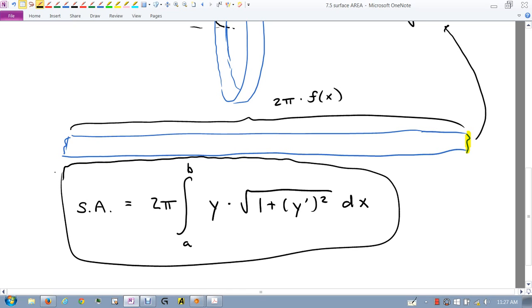Doesn't this look a lot like the arc length formula? The only difference between this one and the arc length formula are those two pieces. You take those two pieces out, you're back to arc length. You put those two pieces in, you're now talking surface area.